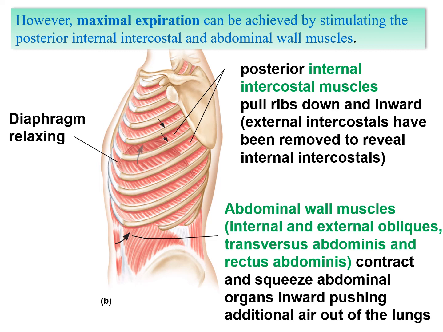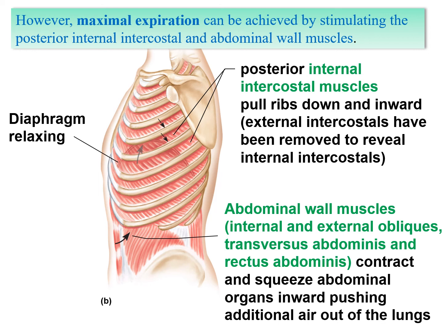But once in a while, we may want to go beyond a normal exhalation, like if you're playing the trumpet or you're blowing up some balloons for a party. If you want to draw more air out beyond the normal exhalation, then guess what? We have to turn to an active process now, meaning we've got to stimulate muscles to help push more air out. And so that's what this slide kind of shows.